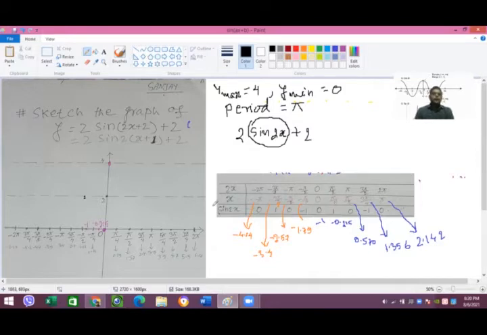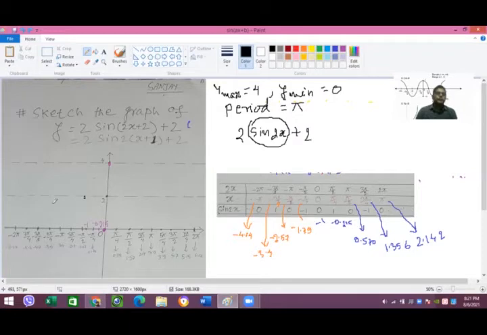But along the x-axis, these are the values for x, not for 2x. Therefore, I have to think about plotting all these values of x along the x-axis, and then we'll see the corresponding values of sine 2x towards the y-axis, according to how we have taken this maximum and minimum value and also the period of this function.